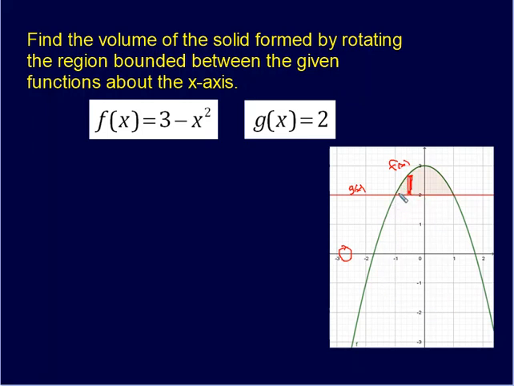Or in fact, just picture rotating this whole region around the x-axis first. You would see a silhouette of the red line down here at -2. And this curve would end up kind of being silhouetted around the bottom here. And so now any slice would have an inner ring between these two parts.